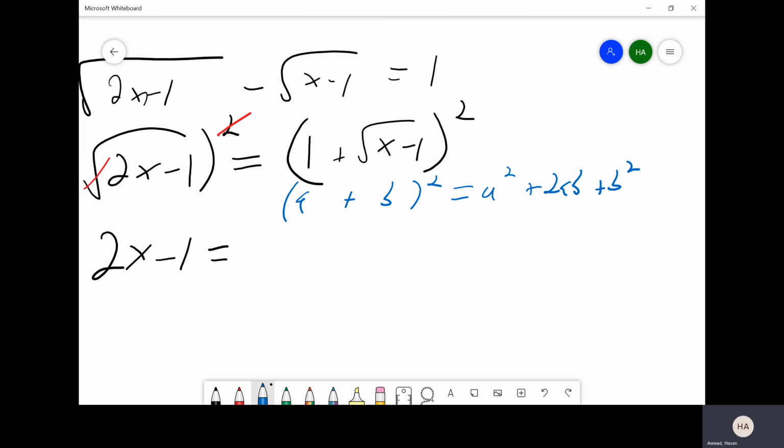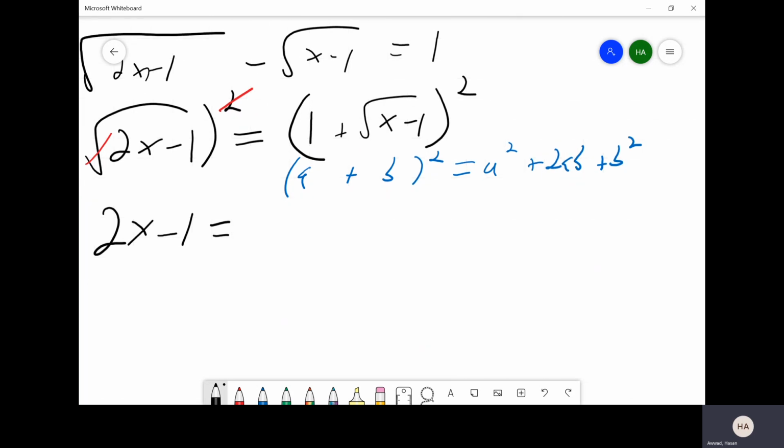Feel free to FOIL this out if, again, you're not remembering these blueprints, but it really helps you, I promise. It really helps to remember this so that way you can just plug and chug, right? So let's plug in. We know a is 1, so that means we're going to have a 1 squared, right? Which 1 squared is still just 1. We have that middle piece of plus 2 times a times b. So plus 2 times 1 is still just 2.